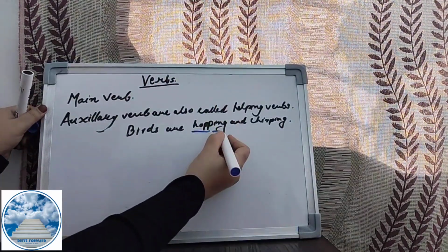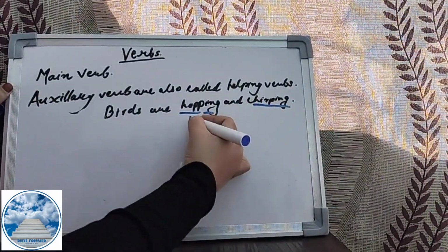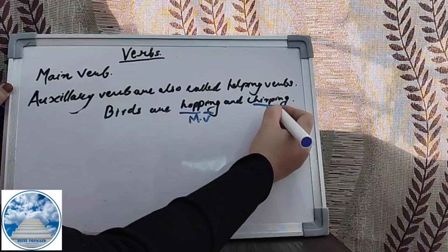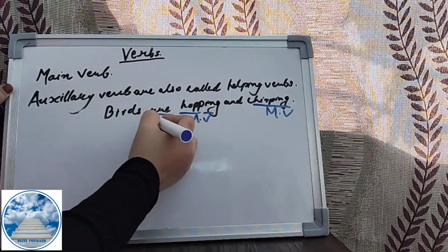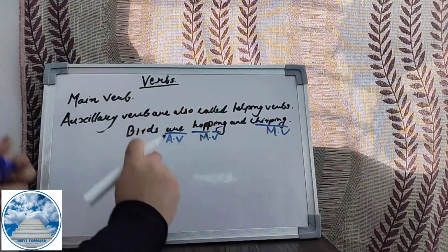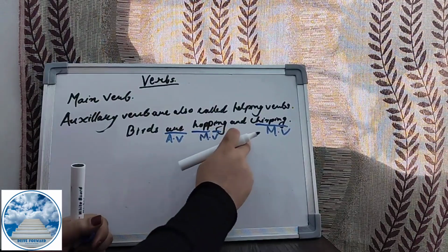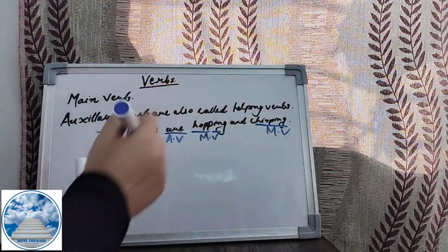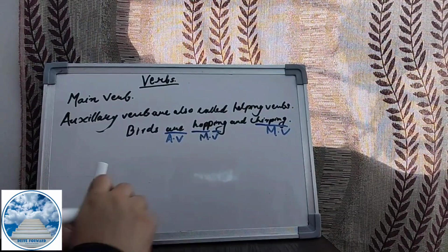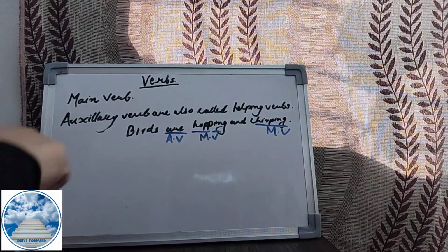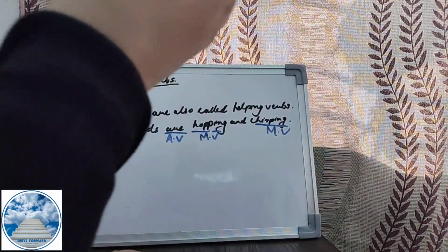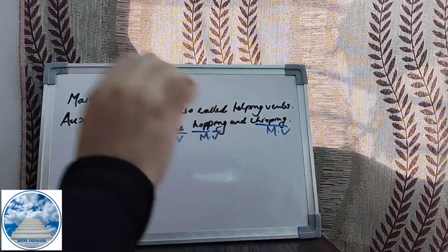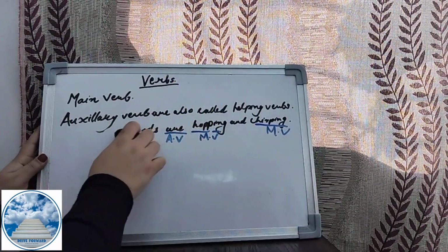Hopping and chirping are the main verbs, and are is the auxiliary verb. So are is helping the main verb to create the sentence correctly. Okay, friends. So I will give you examples of auxiliary verbs so that you will not make any mistake while making your own sentences.